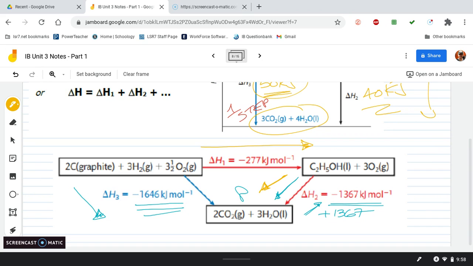So I would take negative 277 plus negative 1367. So let's do that. Let's see if we get something that compares to what they could do in a single arrow. Okay, so here we go. Negative 277 plus negative 1367.